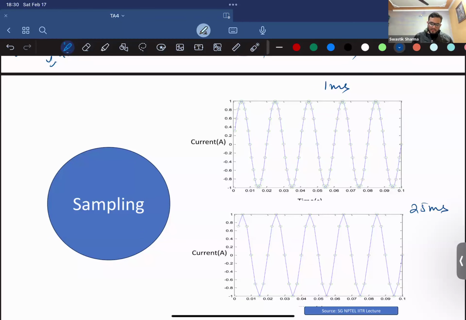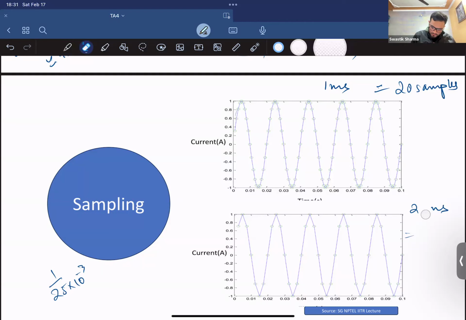If you see, when you're sampling at 1 millisecond, you have a large number of samples, 20 samples. Here it's 2.5 milliseconds, 1 upon 2.5, which is 400 hertz.